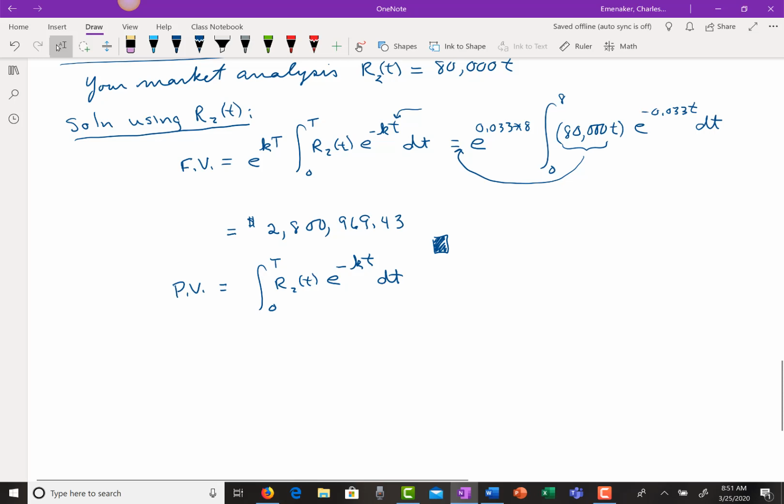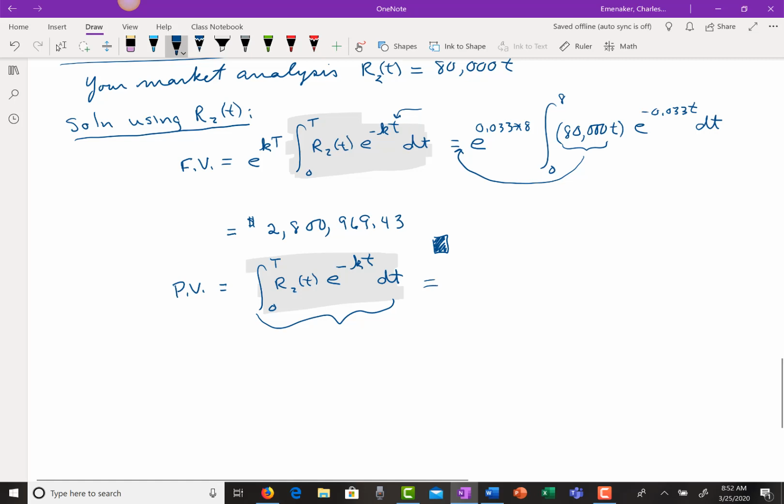Now, something I want you to notice. You do not actually have to do a separate problem to get the present value. This integral right here, do you see it up there in the future value? It's this part of what you've already computed. When you are doing your future value, if you compute the value of that integral by itself, see it?